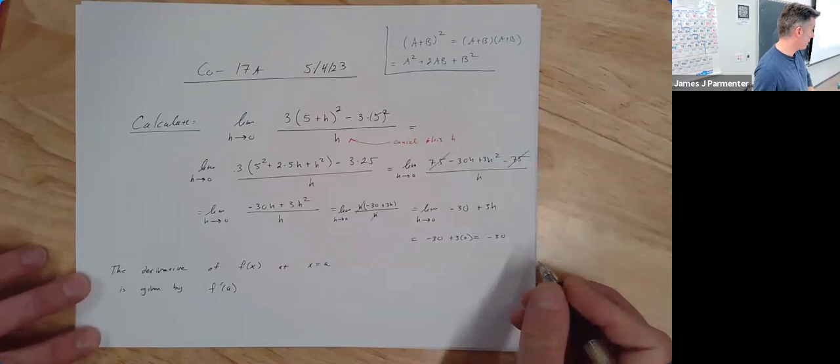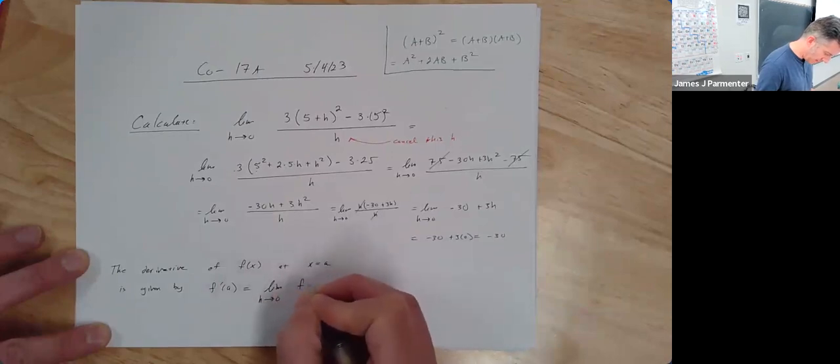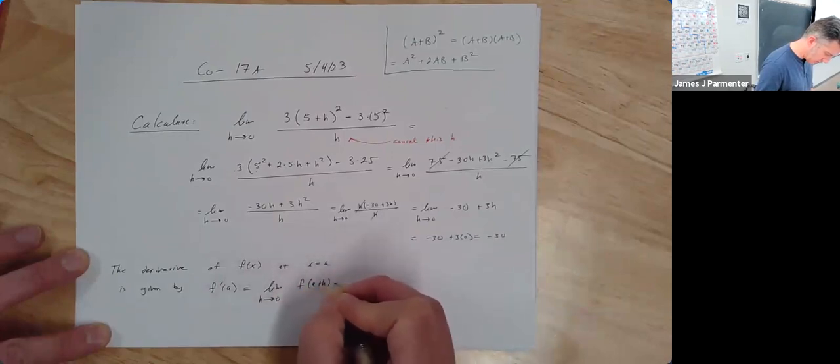It's not the only way of writing it, but it's a typical way of writing it. And it's equal to the limit as h approaches 0 of f of a plus h minus f of a all over h.